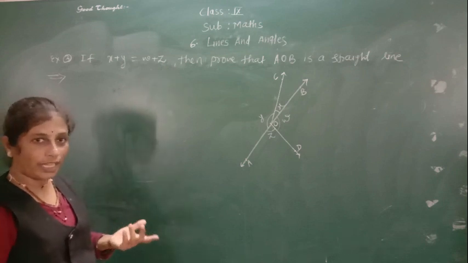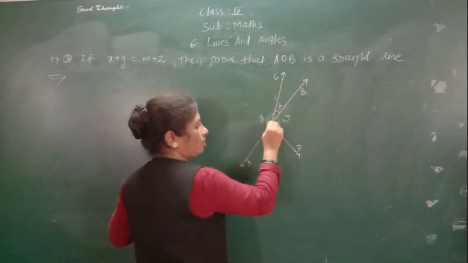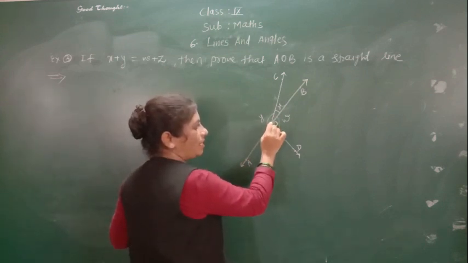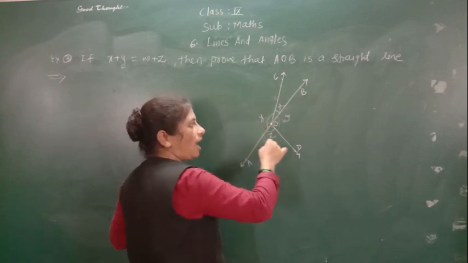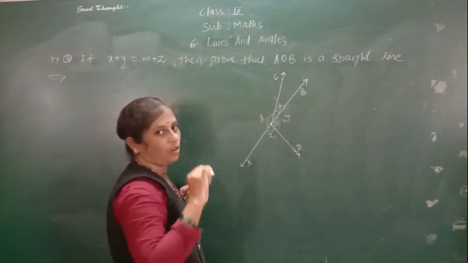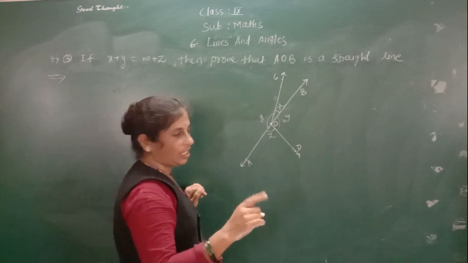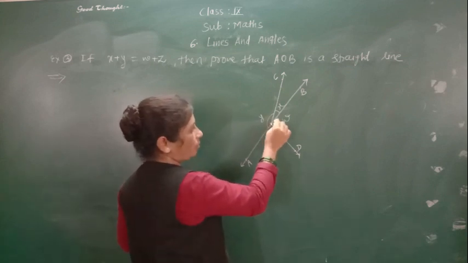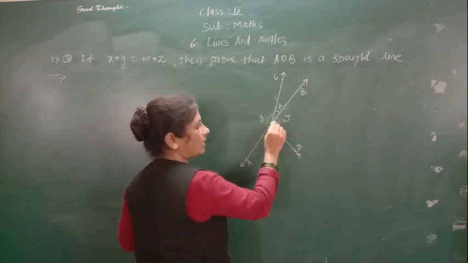Now we know that O is a point, and the sum of all angles around a point is how many degrees? 360 degrees, right? So here O is one of the points, and how many angles are there?